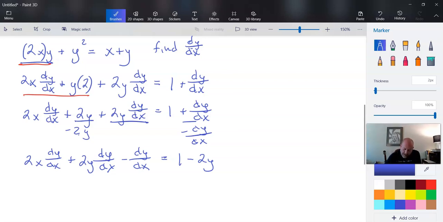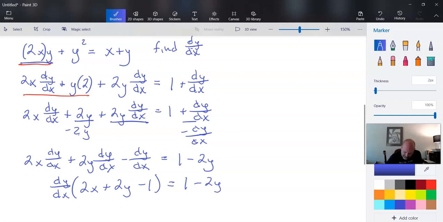Okay, now we have a dy dx in every one of these terms. That means we can factor it out. So that leaves me with a 2x plus 2y minus 1 equals 1 minus 2y.